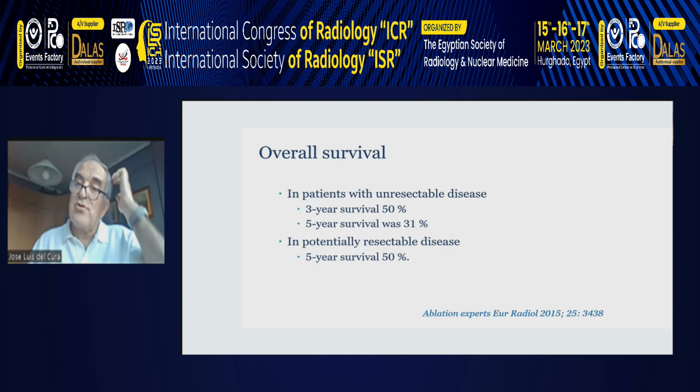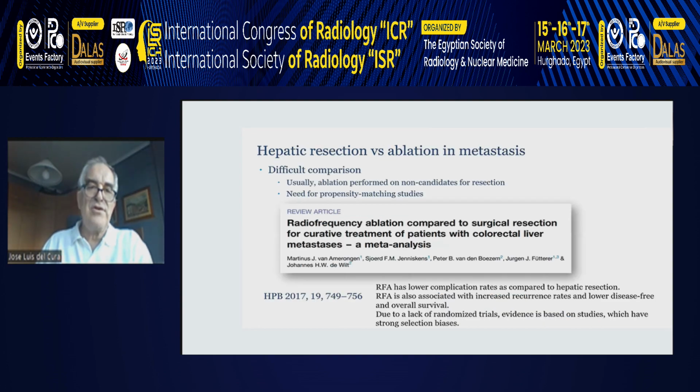In general, the overall survival after this treatment in patients with unresectable disease has been described as about 50% in 3 years, more than 30% in 5 years. But in potentially resectable disease, the 5-year survival has been described to be about 50%. This is important because in this last case, there is the possibility of competing with surgery.